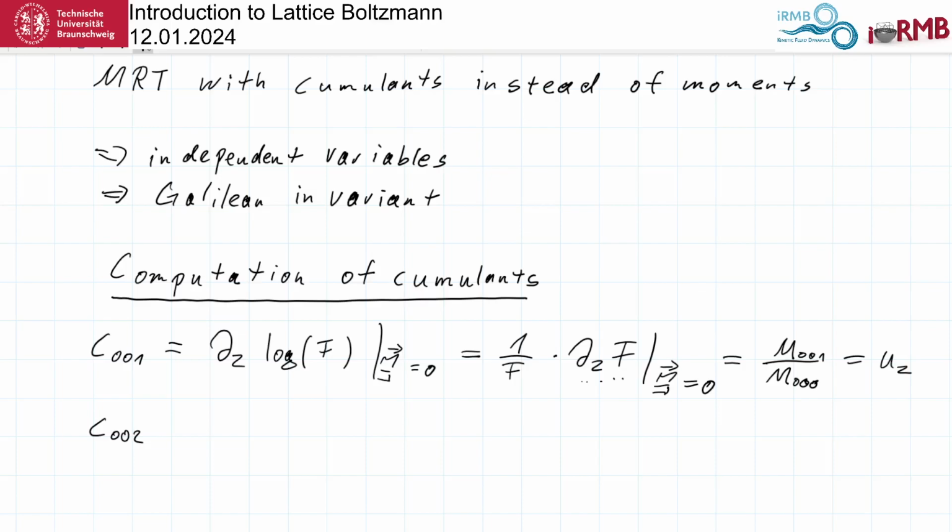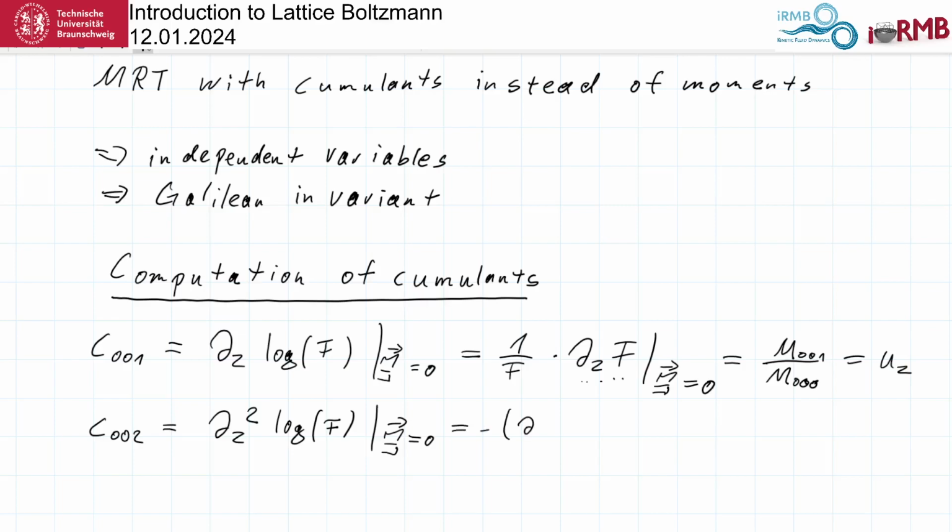So say we take the C002, what is going to happen? This would be the second derivative of the logarithm of f evaluated at c equal to 0. Again, we apply the chain rule and do this transformation.